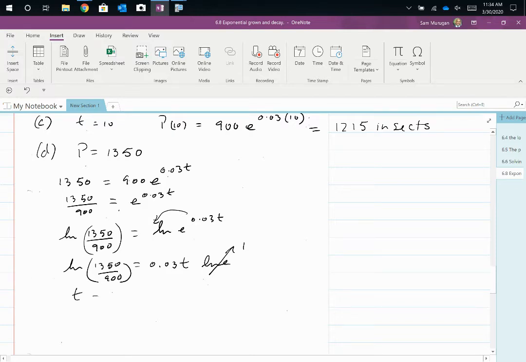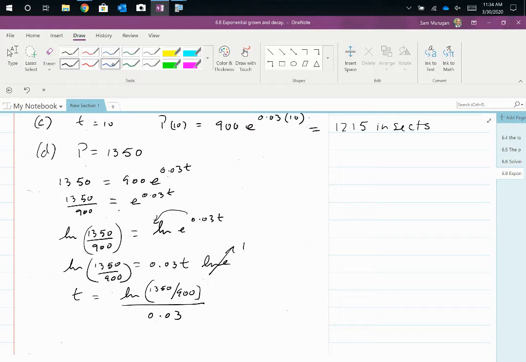So t is equal to ln of 1350 divided by 900, divided by 0.03. In other words, if you wanted a formula to solve for time, time is equal to ln of P divided by P0, over r.